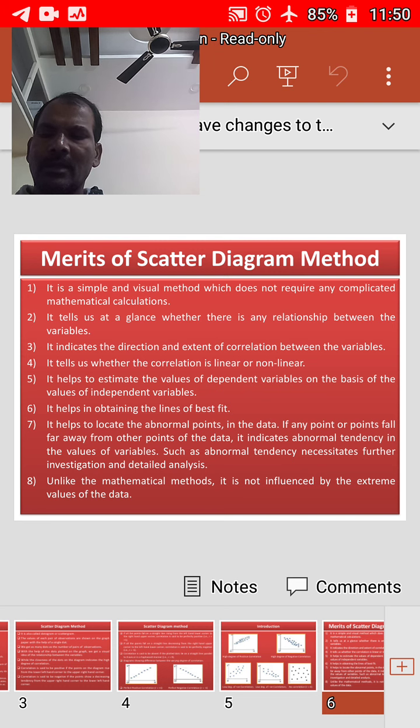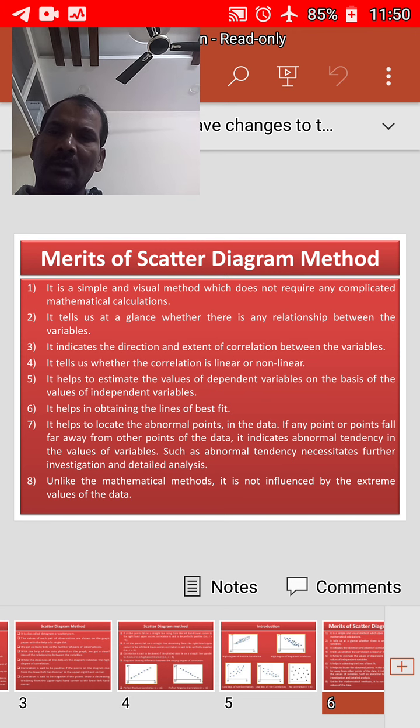Third, it indicates the direction and extent of correlation between the variables, whether they are moving in the same direction or the opposite direction. And to what extent: when they are far away from each other, there is a low degree of correlation.